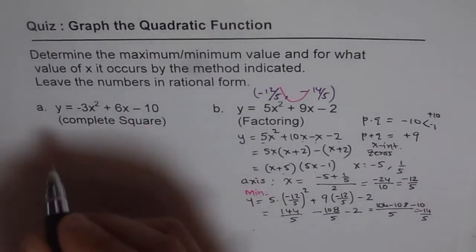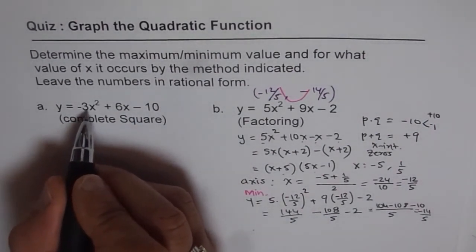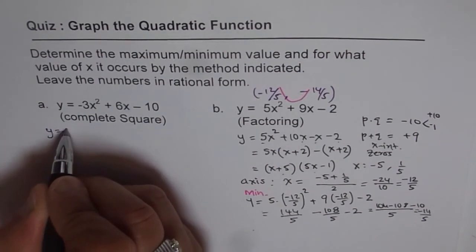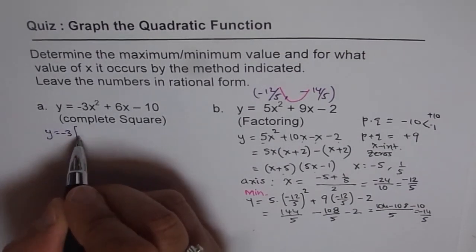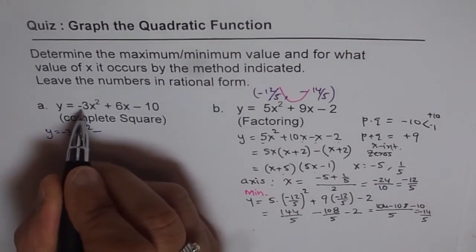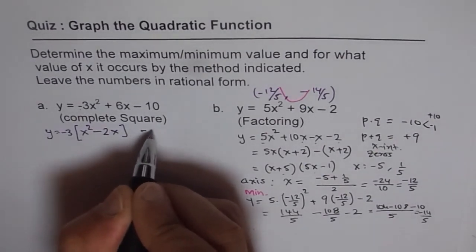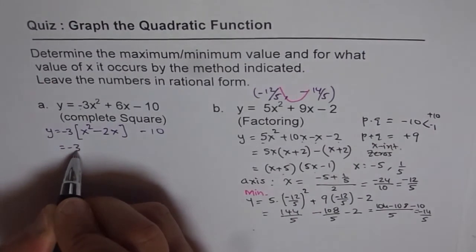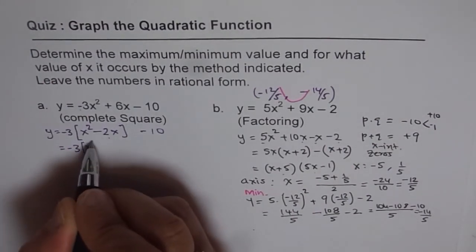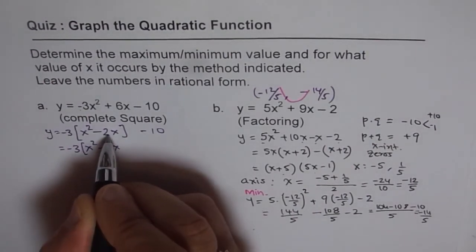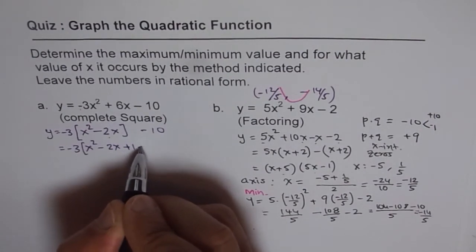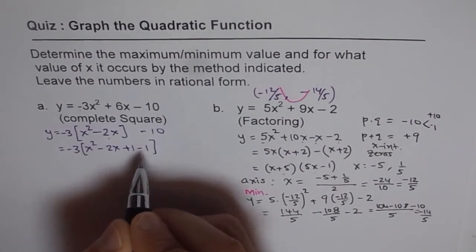Now for completing the square, we need to factor out minus 3. So we get y equals minus 3, put a square bracket, x squared minus, because we took minus outside, 2x minus 10. Now we will do half of this, right? Half of this is 1. So add 1 squared and minus 1 squared.